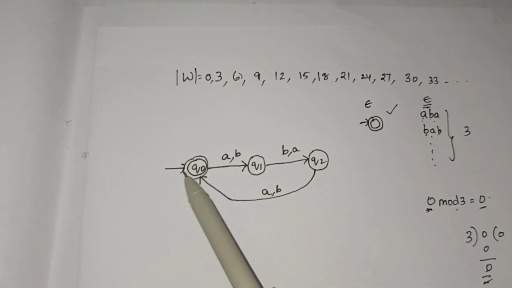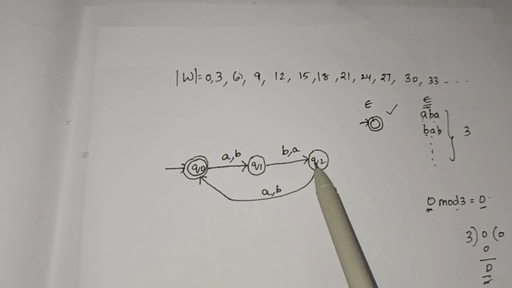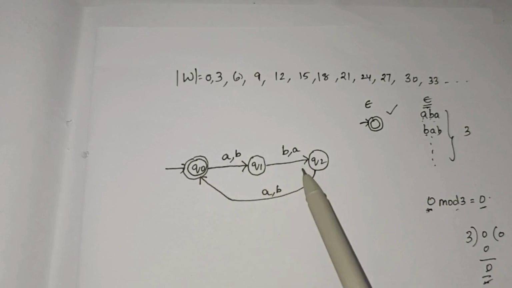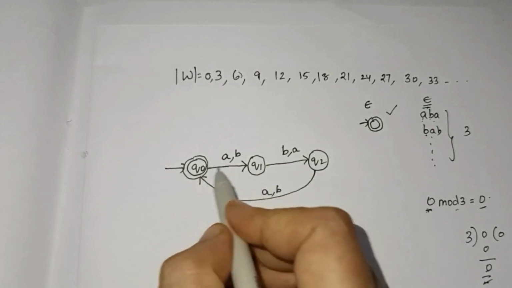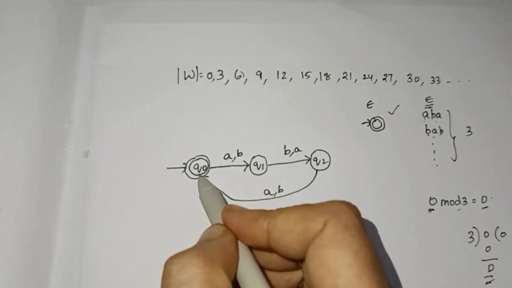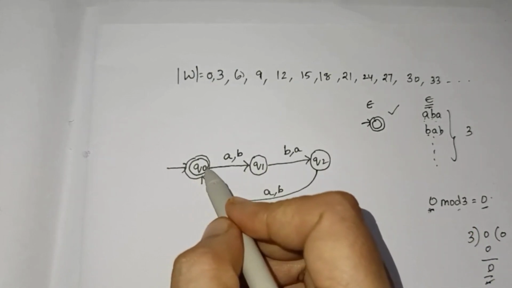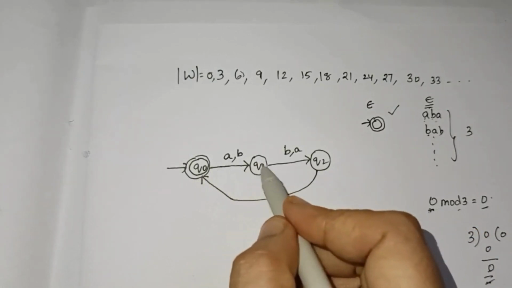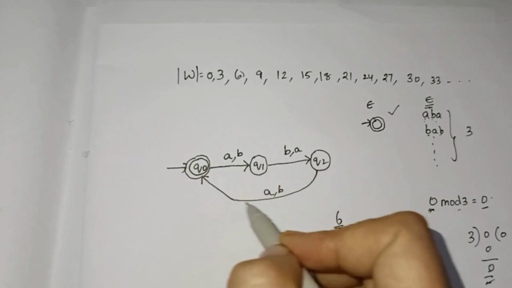So for Q0, I can take transitions with both A and B. The only constraint for this DFA is that the length should be divisible by 3. Right now we have 3. If I want length 6: 1, 2, 3, 4, 5, 6, ending up with 6. 7, 8, 9, ending up with 9. 10, 11, 12, ending up with 12. 13, 14, 15, ending up with 15.